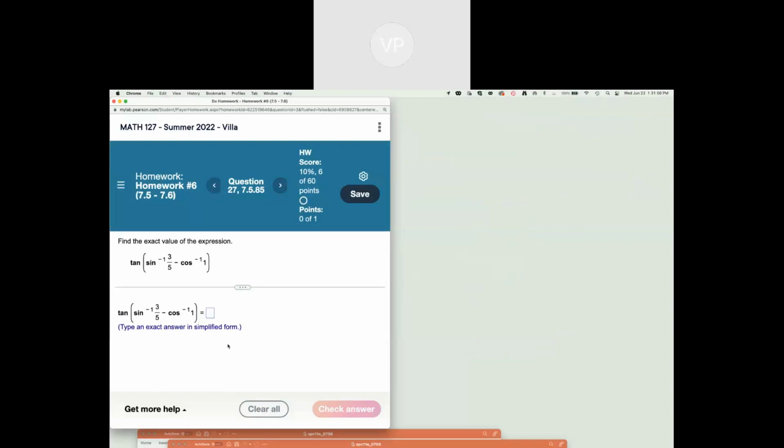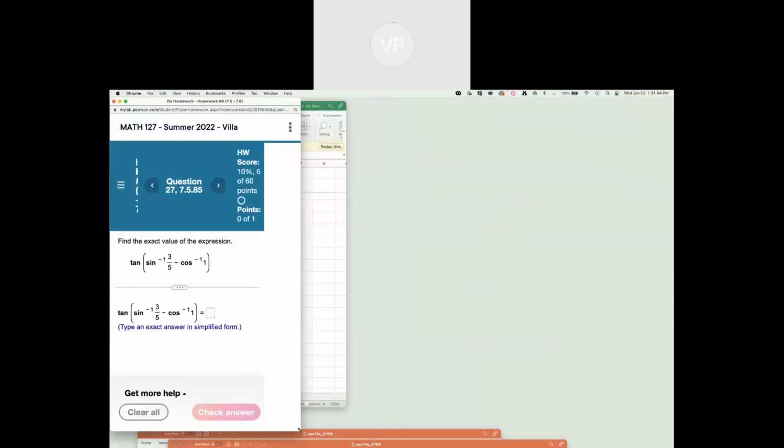Okay, so now we get one of these combo problems. Let me give myself some more room here. We have the exact value, so no calculator, and you can't really plug this in anyway, but we want to get the tangent of the inverse sine of 3/5 minus the inverse cosine of 1.